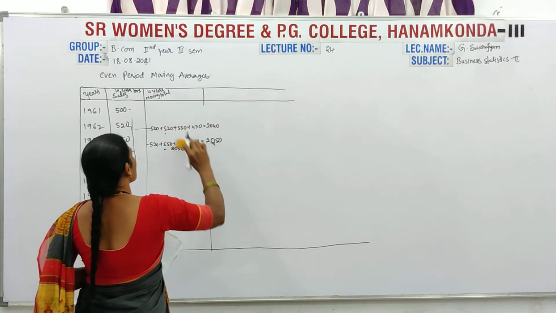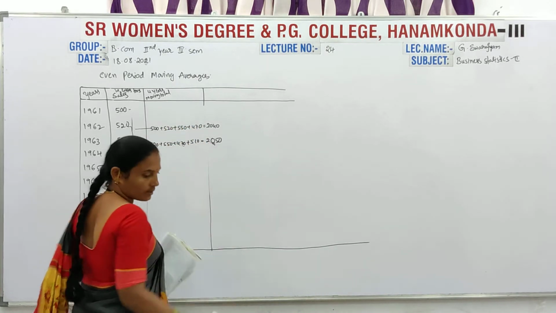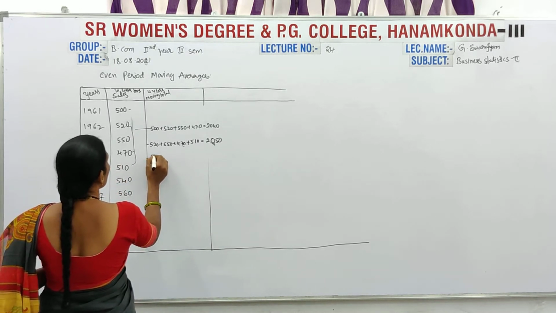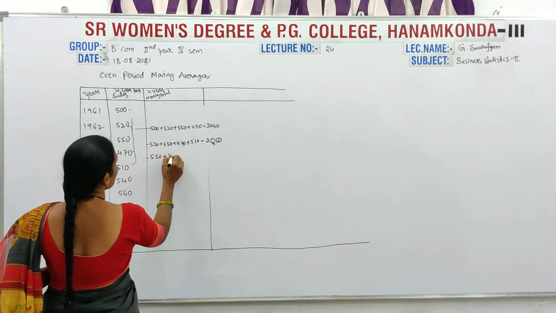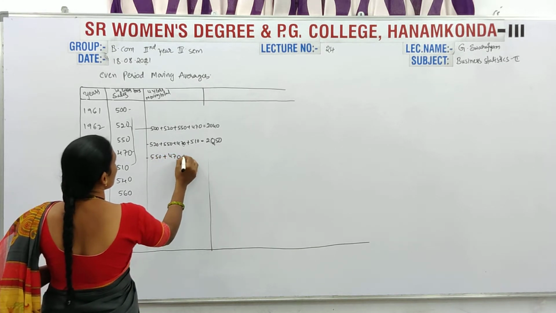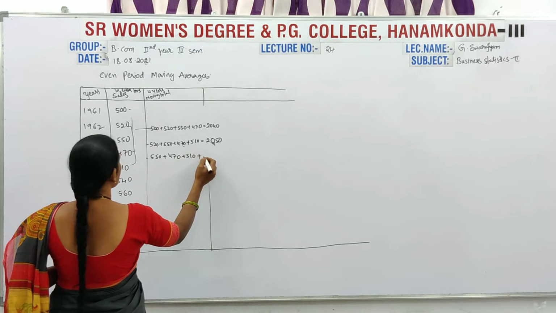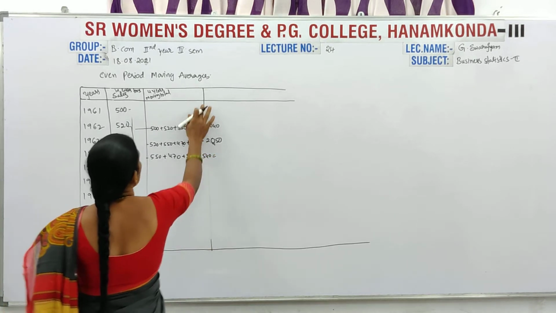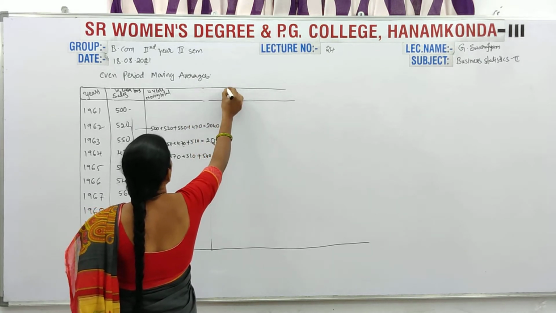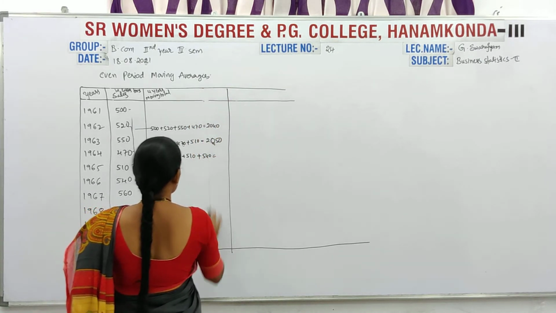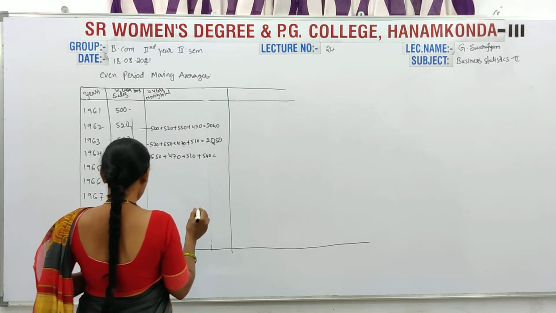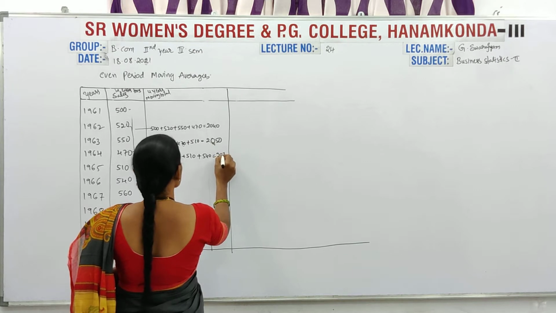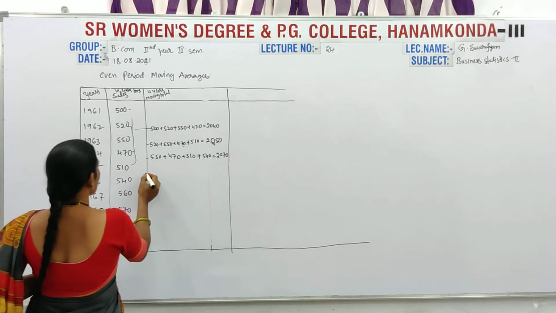Here we write the total amount. Next, 550 plus 470 plus 510 plus 540, the total is 2070. Right?